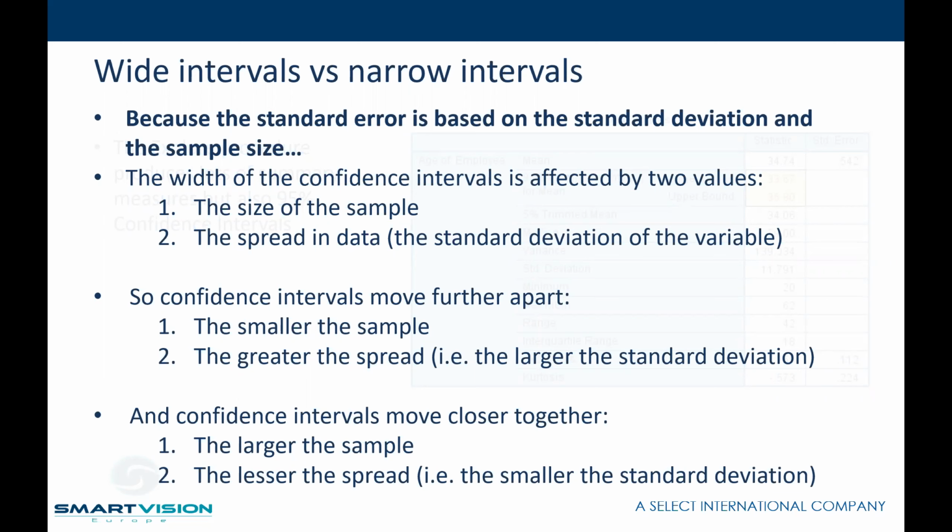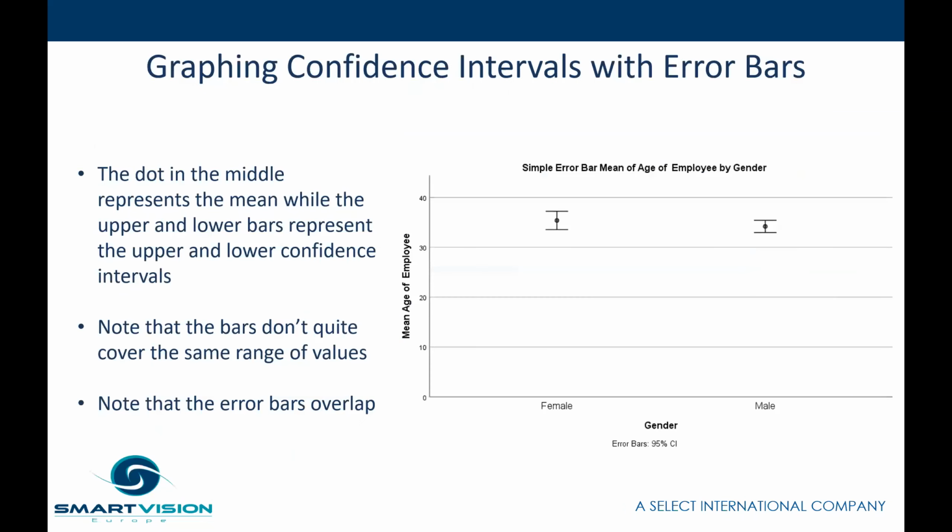And confidence intervals get much closer together when you have a much larger sample, because you can be more confident. It reduces the size of the standard error, as long as you don't have a big standard deviation, because the standard error is the standard deviation divided by the square root of the sample size.